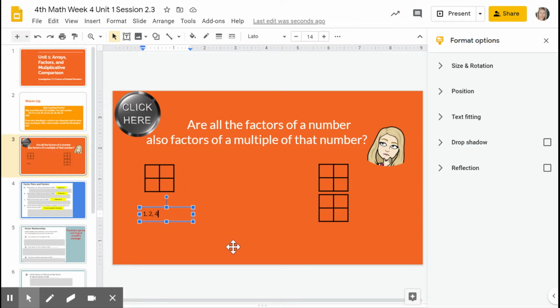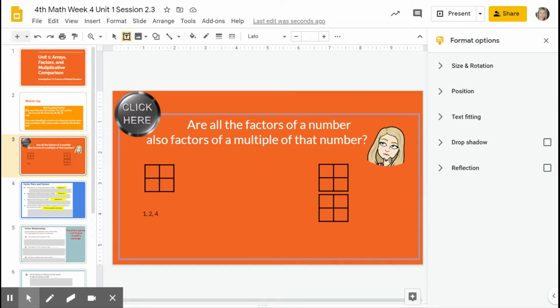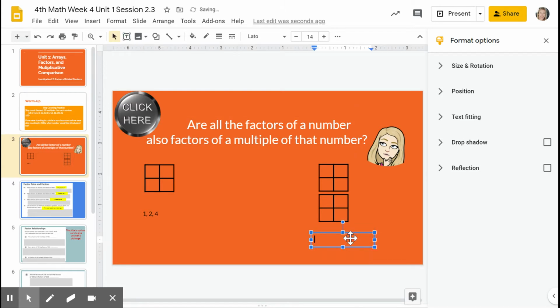So the question is, if I have a multiple of this number, are all the factors also factors of the multiple? So this is representing the number 4. This is representing the number 8. Let me put another text box in. Are all of the factors we found for the number 4 also factors of 8? Well, let's think about it.